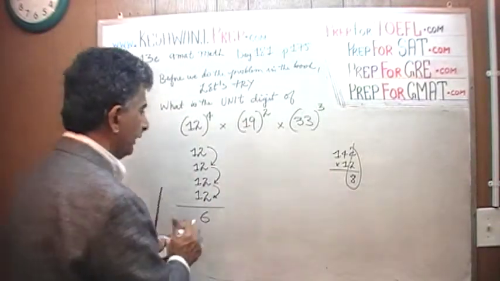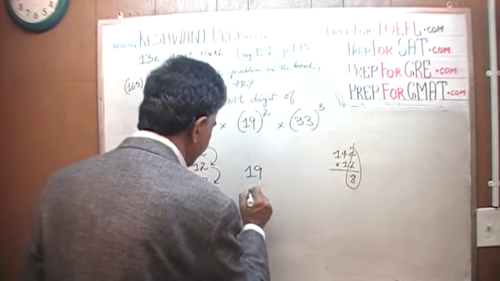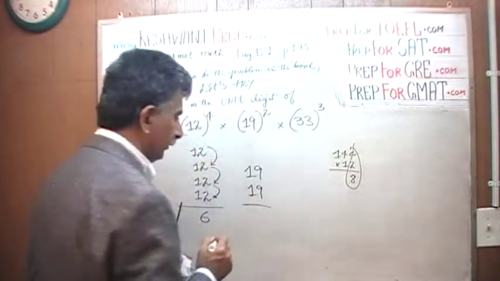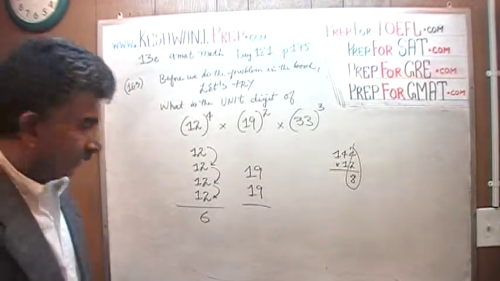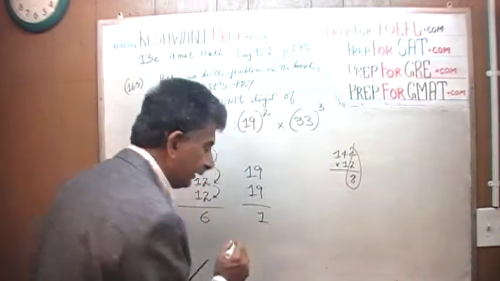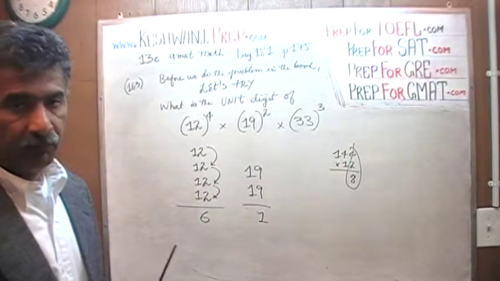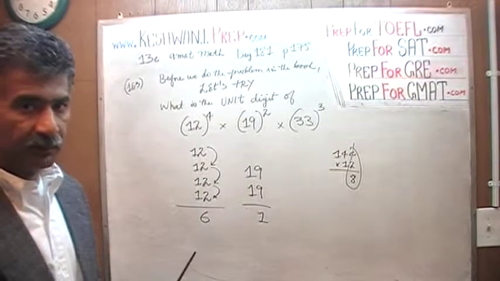Let's find out what 19 squared is. 19 times 19 should end in a simple 9 times 9, which is 81. Therefore it will end in a 1. It doesn't matter what the rest of the number is. It's only the unit digit that we are concerned with.